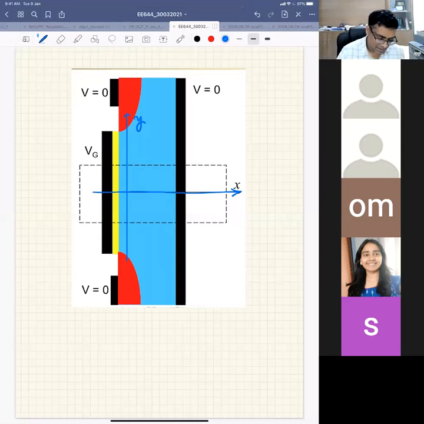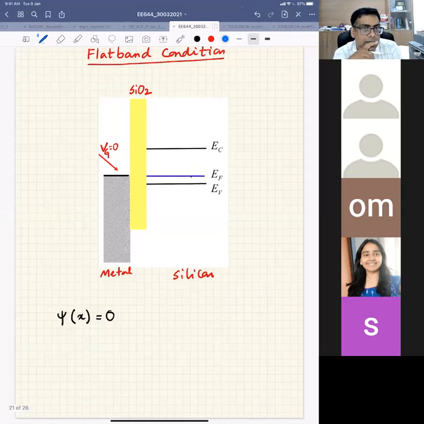So let's talk about the flat band condition, right? As I told you yesterday, we started with the assumption that your oxide is ideal.